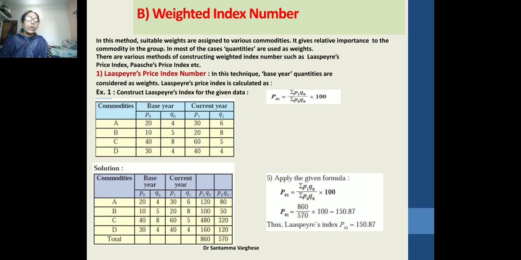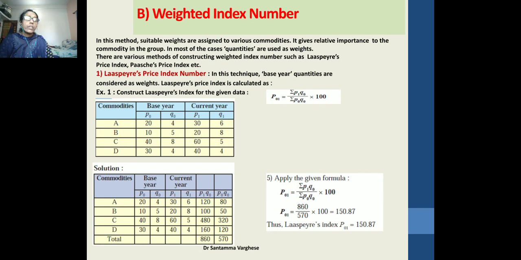The next price of the current year is 60, the quantity of the base year is 8, so 60 into 8 is 480. Next, the price of the current year is 40, the quantity of the base year is 4, so 40 into 4 is 160.